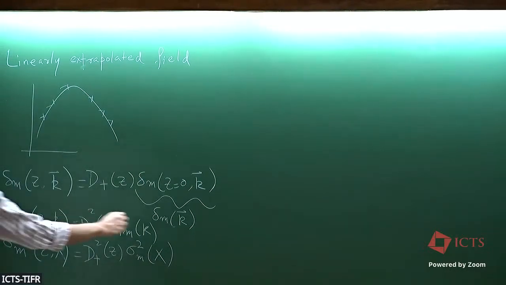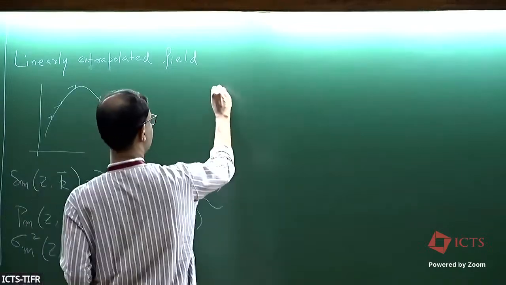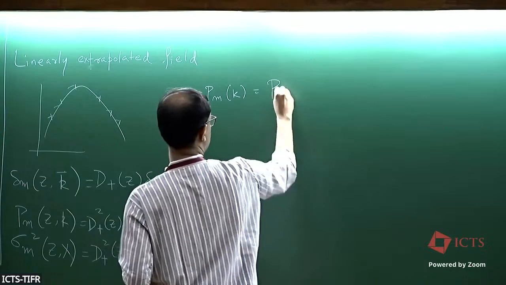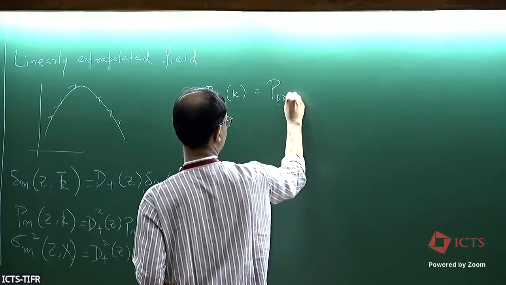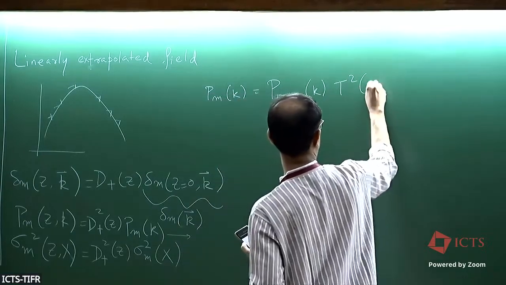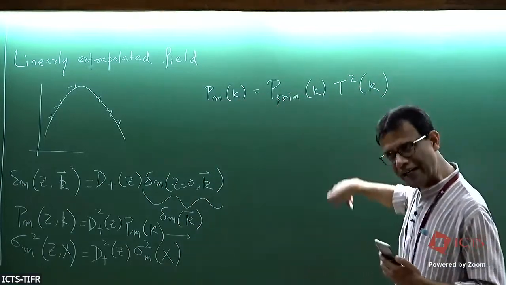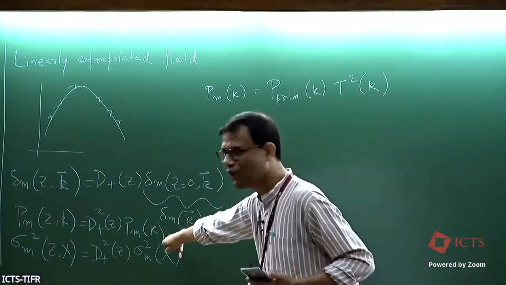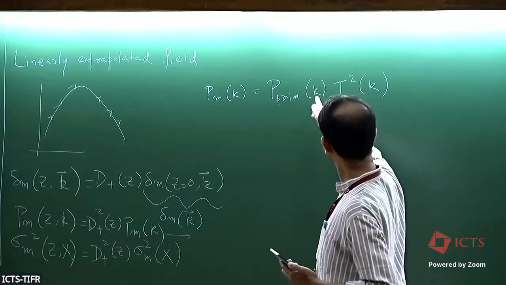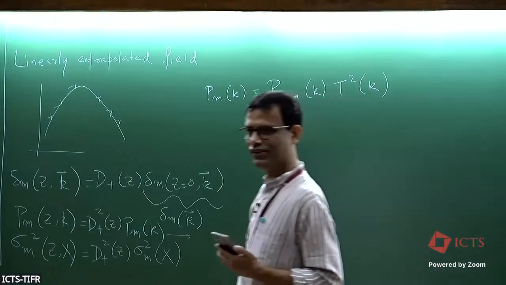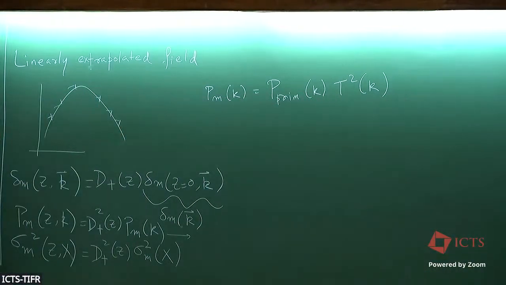This power spectrum we will write as the primordial power spectrum times T squared of k, which is the transfer function. Exactly, so it is included. This is z equal to 0, but it might have been set up very early, and it has gone through this transfer function. So it is all included here.